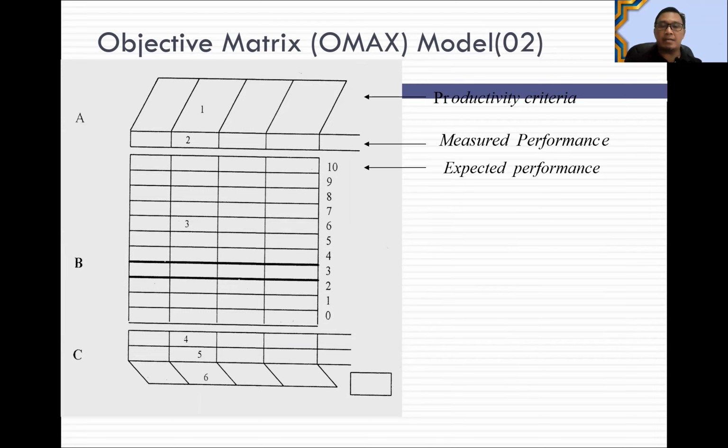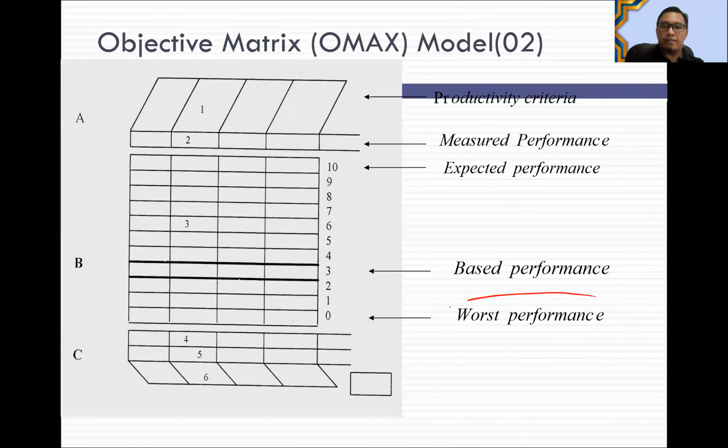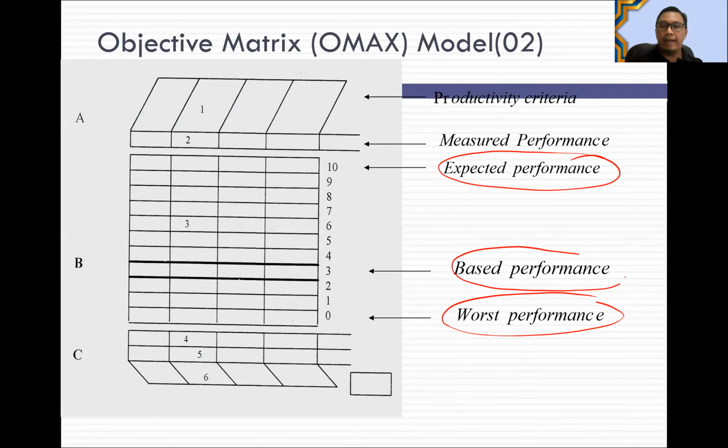On the B part, mostly it consists of the score, from the worst performance to the expected performance and the best performance. Worst performance will be scored 0, expected performance will be scored 10, and all best performance will be scored 3.